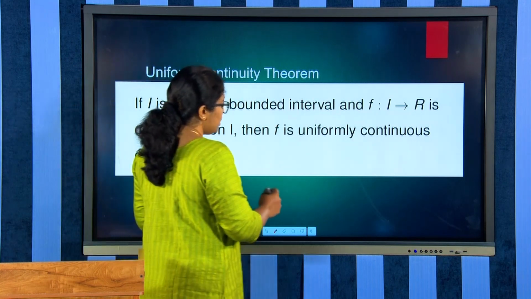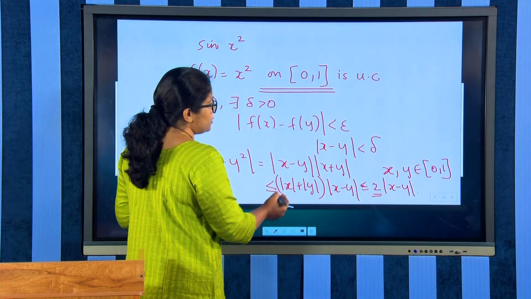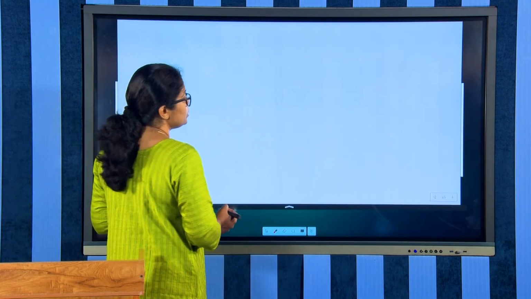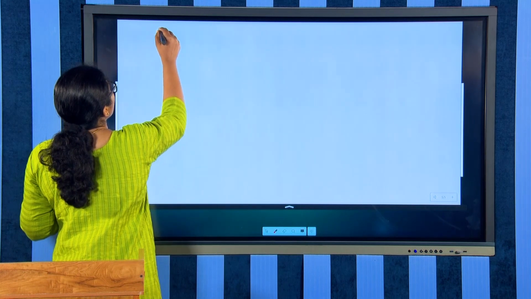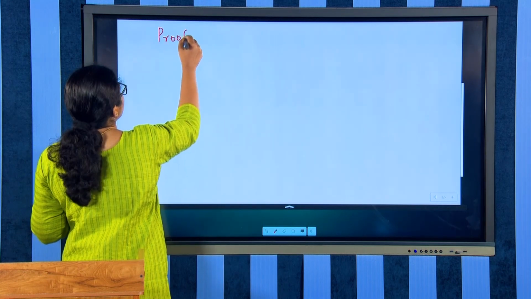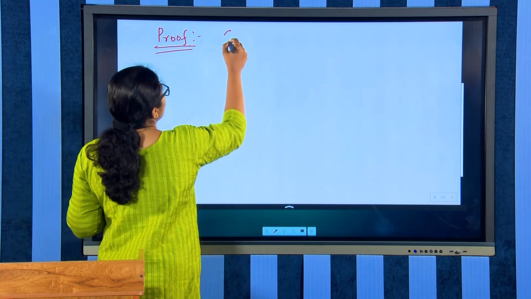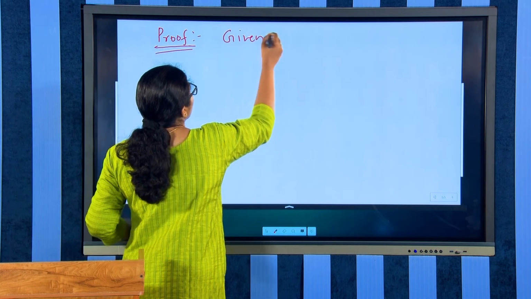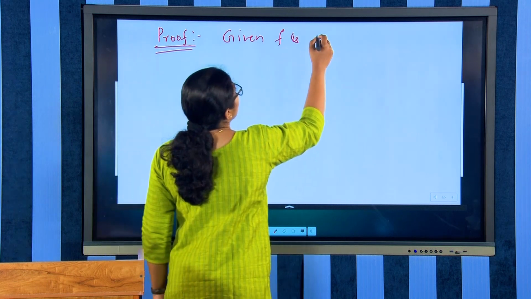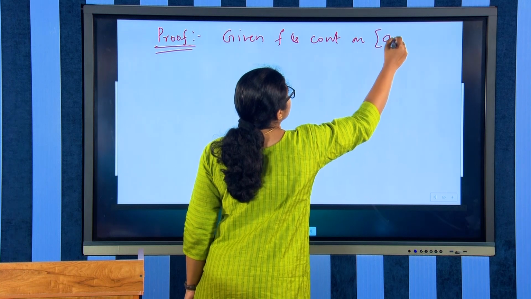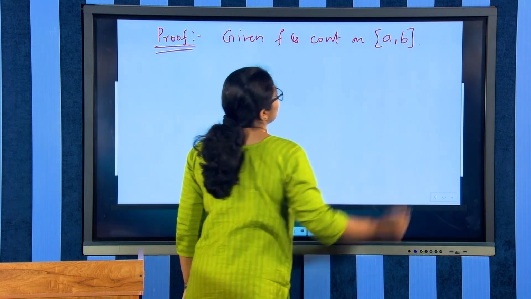Okay. So the proof of the uniform continuity theorem goes like this. Given f is continuous on a closed bounded interval, say AB.